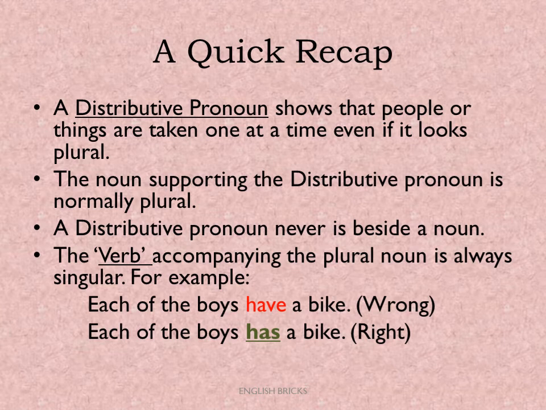For example, if you see there, each of the boys, plural, have a bike. That is wrong. Each of the boys has a bike. Boys plural, but has is singular because each of stands for singular. So this is what is about distributive pronoun. I hope the lesson was clear and you have understood everything there.